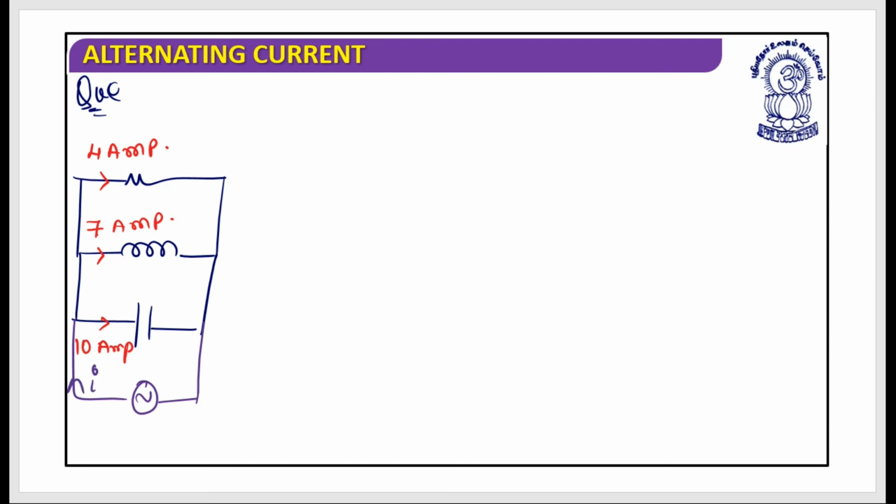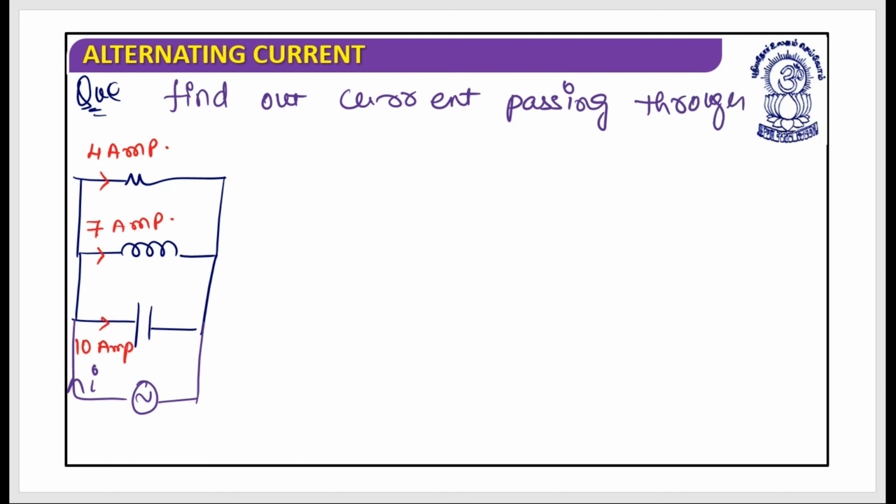This I is required. So again the same question, find out the current passing through the circuit. How will you do this?